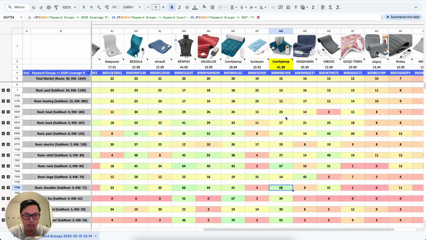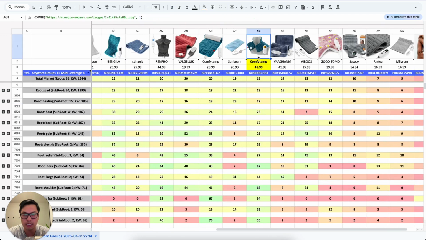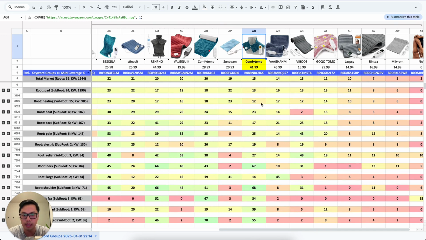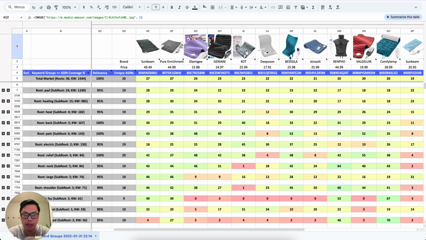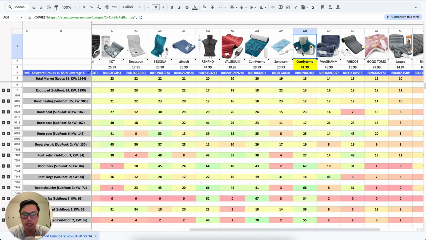And then the other one that I did want to point out is, I kind of almost understand why the pad and the heating ones are much lower than everyone else. It's because my product isn't necessarily similar to everything else, even though I'm playing in the same field, because all of these cover the back, the neck, and the shoulder, or they can make it work. But in this case, it's specific to neck and shoulder.